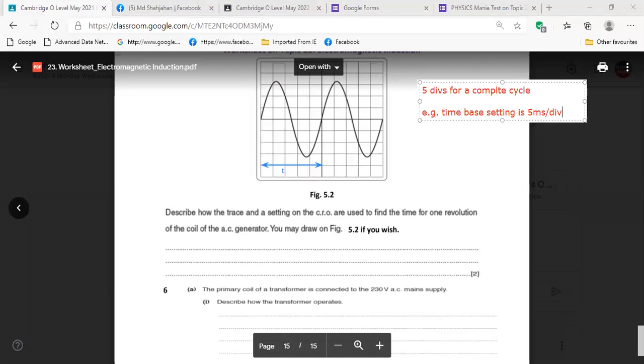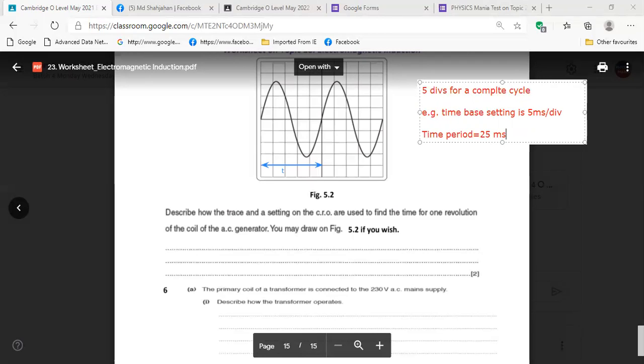So the time period here, how much? 5 fives are 25, right? Yes, sir. 25 millisecond for one complete revolution. That is why it is the time period.